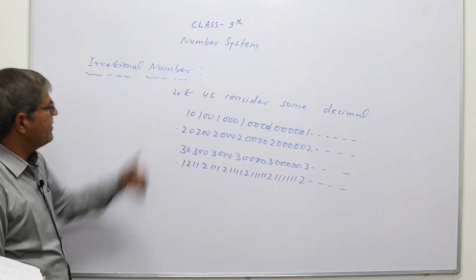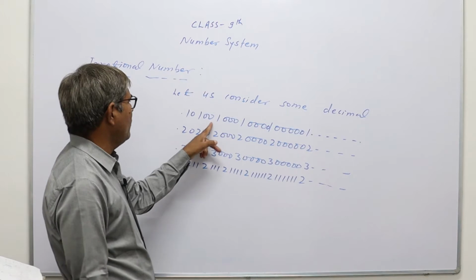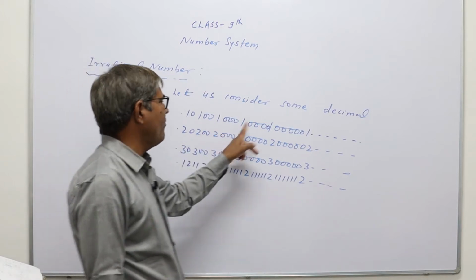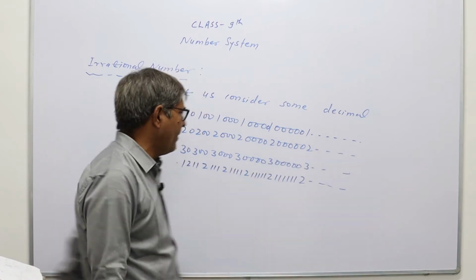The first decimal number is 0.101001000100001 and so on.